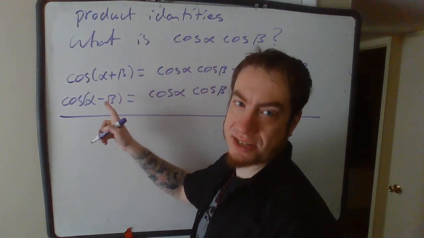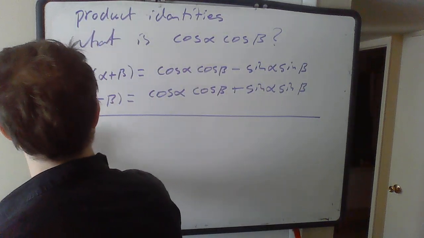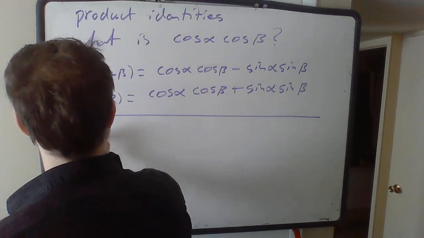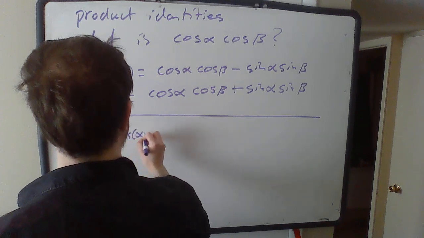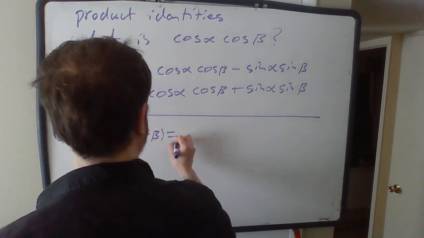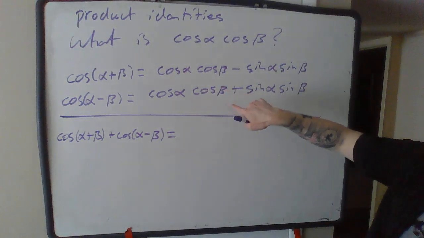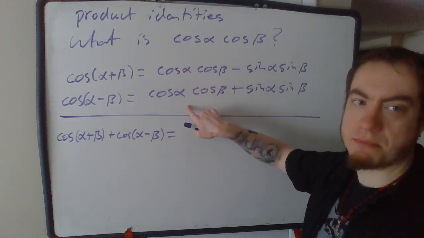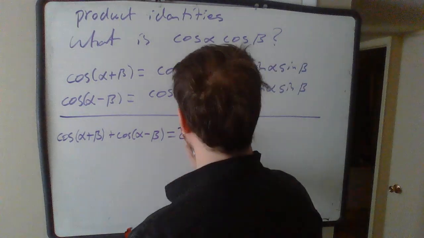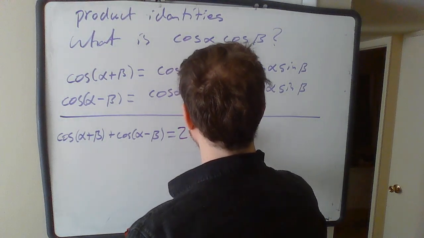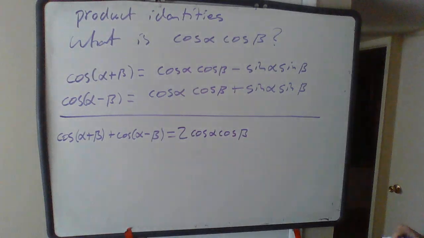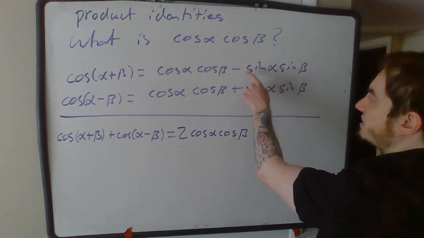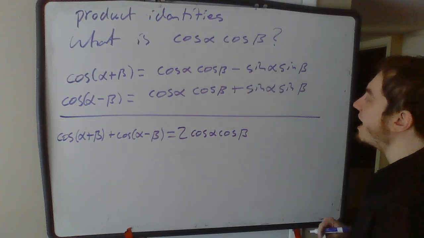If I add these together, on the left-hand side, I get cosine of alpha plus beta plus cosine of alpha minus beta. And then on the right-hand side, well, these two are the same thing. So I just get a pair of those. So 2 cos alpha cos beta. And then these two terms are the same, except one is negative, one is positive.